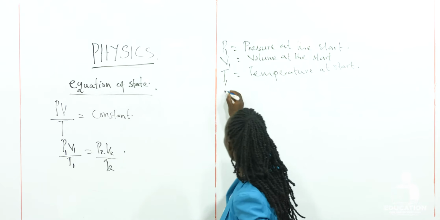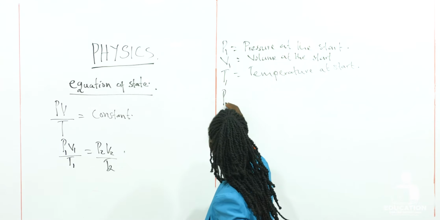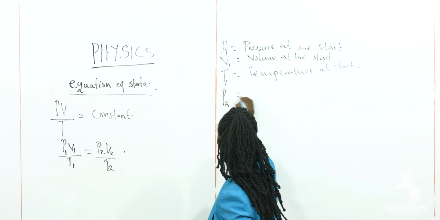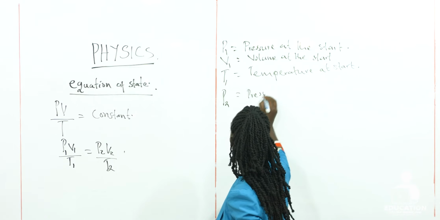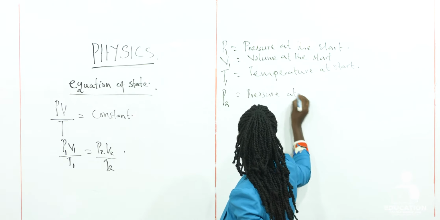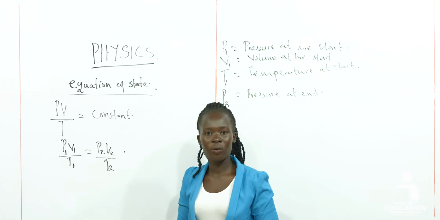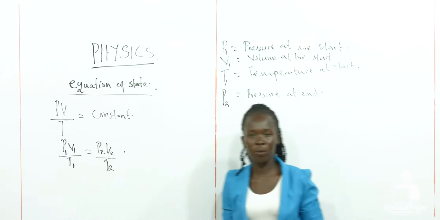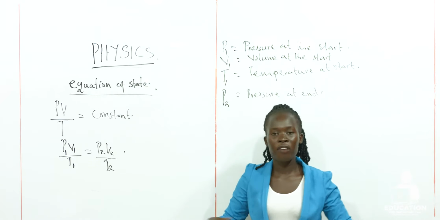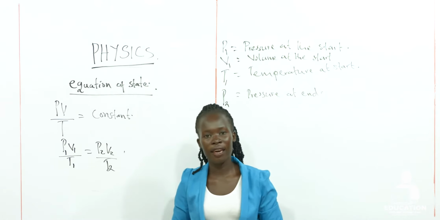The P2 stands for pressure at the end. What is the pressure of this gas when you're bringing the experiment to the end? What value of this pressure did you measure at the end there?